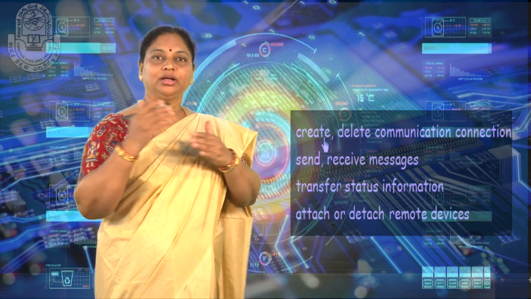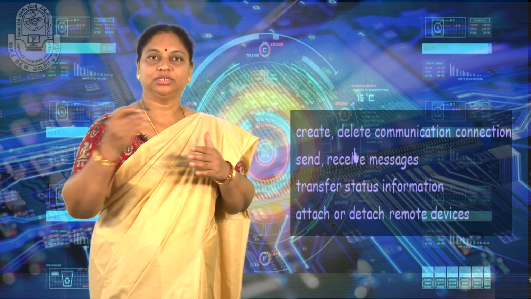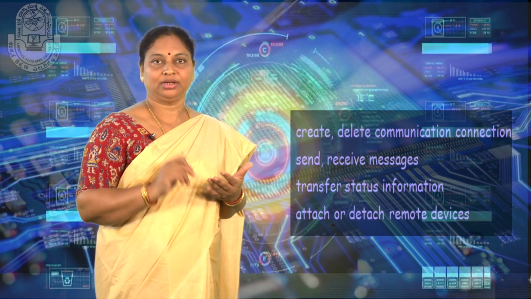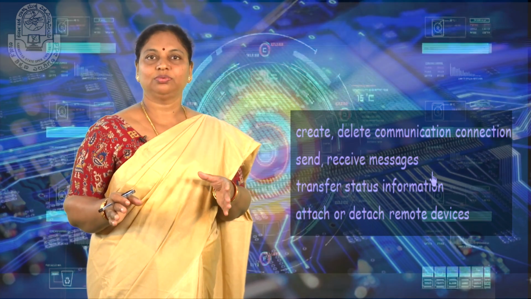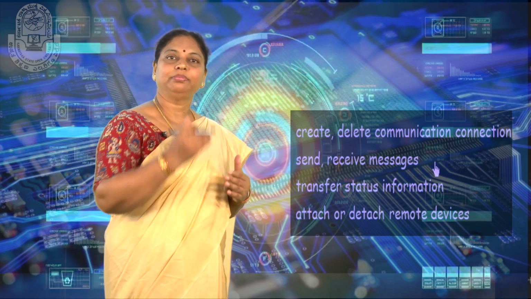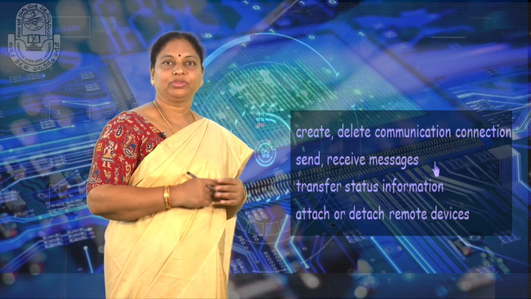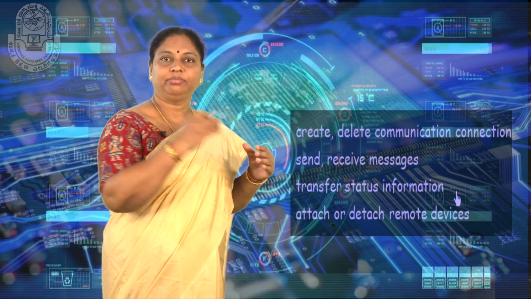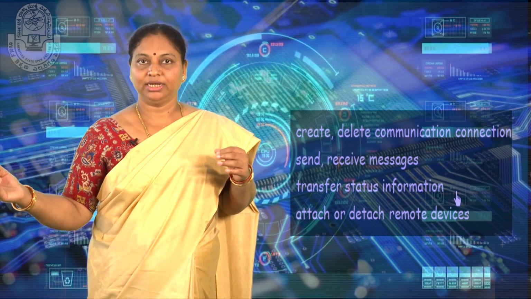The last category of system calls is about communication. Here the user may communicate with another user in the same system, by creating the communication connection. Once the communication is over, that communication connection will be deleted by one more system call. After setting up the connection between the users, the first user may send a message to the second user.